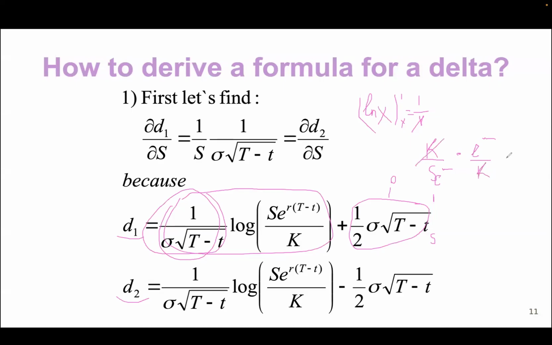So it cancels, and only 1 divided by S remains. So you can see it is this coefficient and the derivative 1 divided by S. And for d2, it is the same because this derivative is 0 anyway.